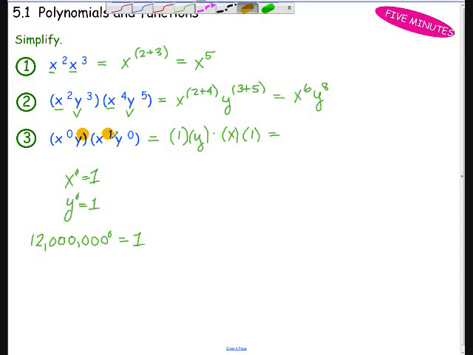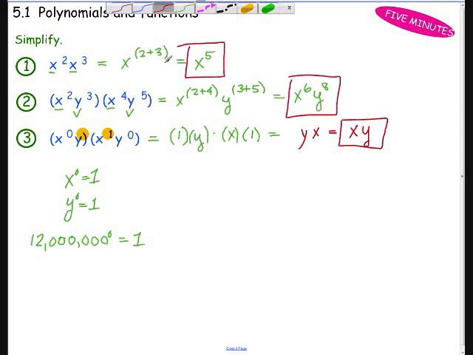But they're both to the first power, so when I go to simplify all of this, it's going to be y times x, which is more properly written in alphabetical order. We usually place them x times y. So there we are, a little review of exponents. That is very important for us today.